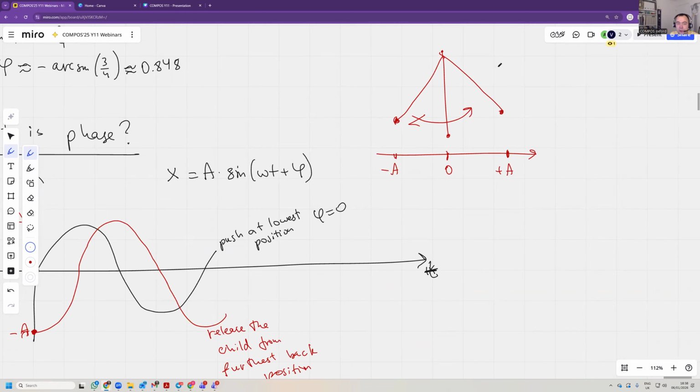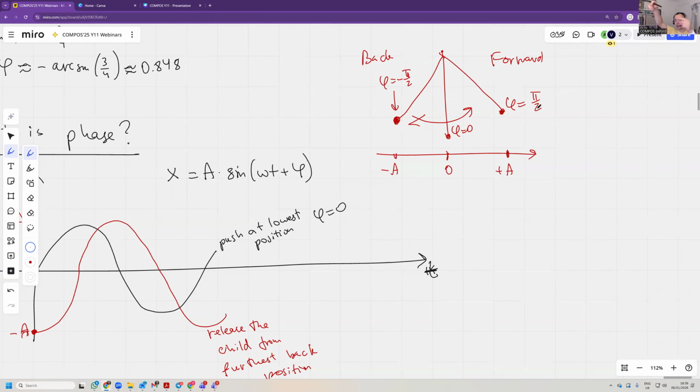This is forward, and this is back. If you start from this point, phase is minus pi over 2. If you start from here, phase is 0. And if you start from here, phase is similarly pi over 2.